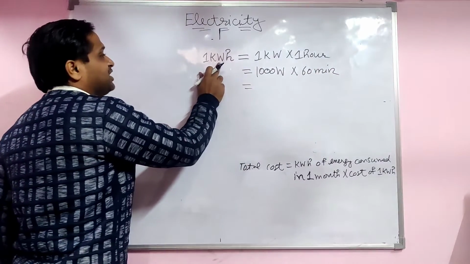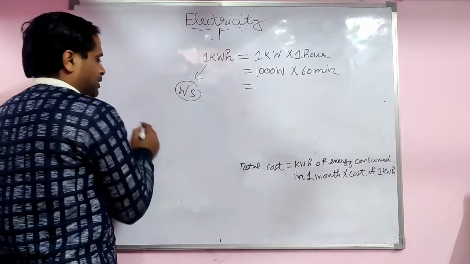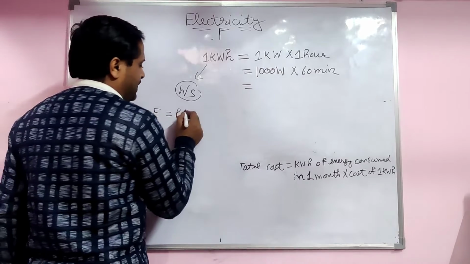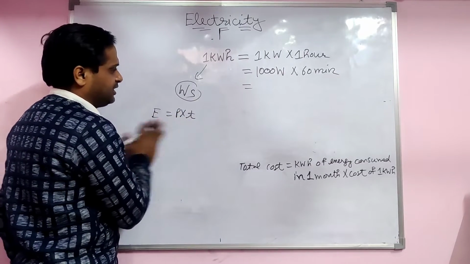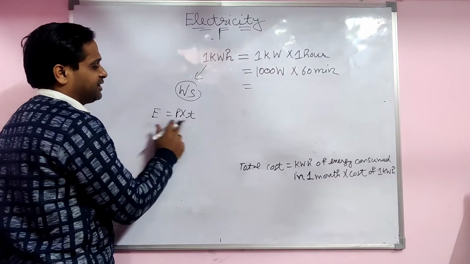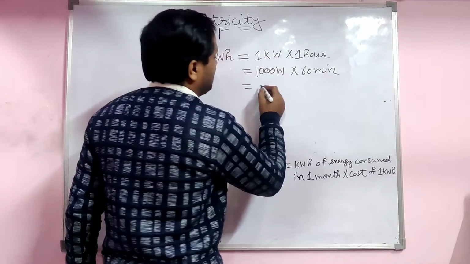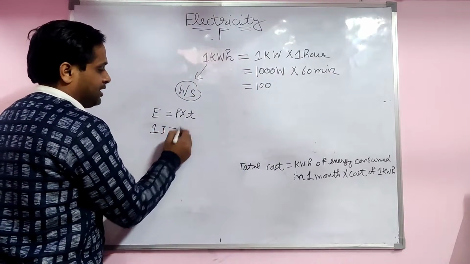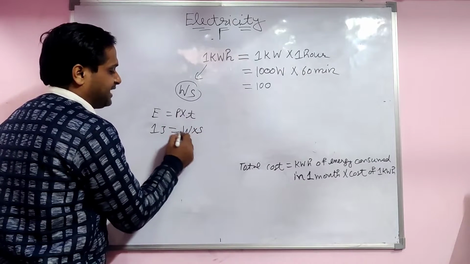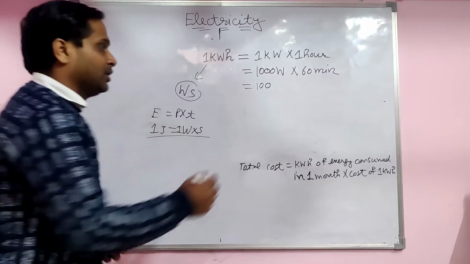Because we have to change the kilowatt hour into watt second. You know, energy is equal to power into time. The energy unit is a joule, power is a watt, time is a second. 1 joule is equal to 1 watt second.